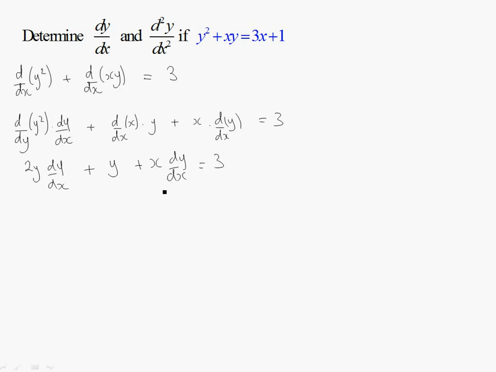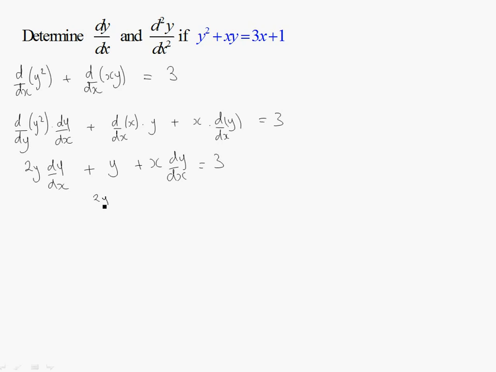So we found an equation which involves dy by dx, x and y, so we just need to rearrange that, and then that will give us dy by dx. Okay, so take everything which doesn't involve dy by dx, which in this case is just this y, across to one side, and then factorize everything else.